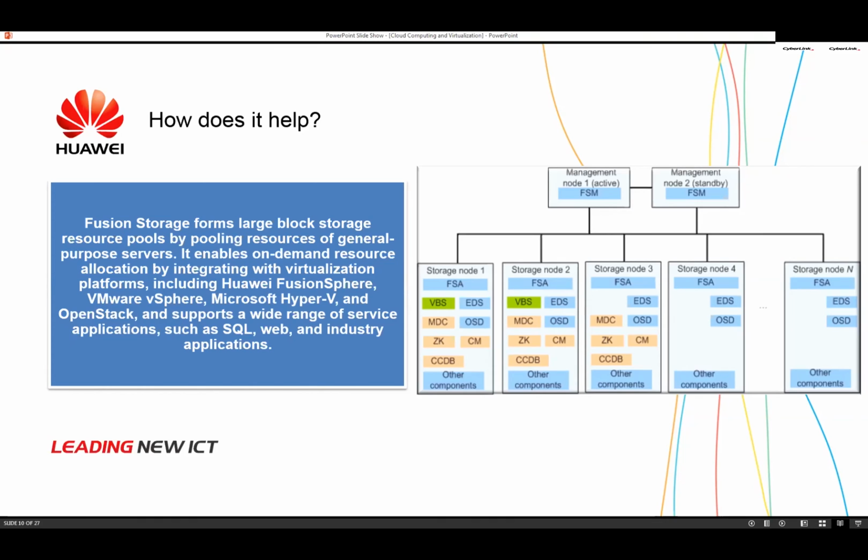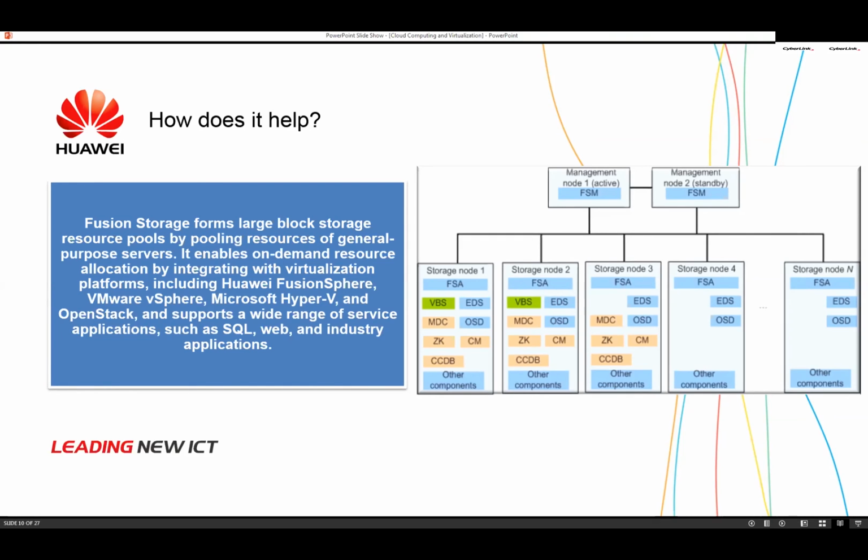Now, the zookeeper. The zookeeper is also a component of Fusion Storage. It's actually the distributed coordination service process for applications. It's deployed on each node in the control cluster to form a zookeeper cluster. The zookeeper cluster provides primary arbitration for the Metadata Controller that we previously spoke about.